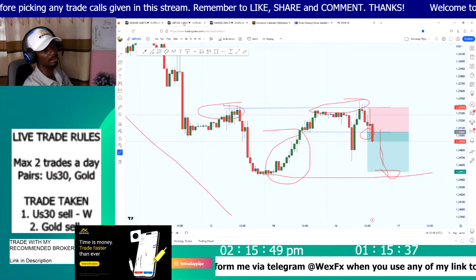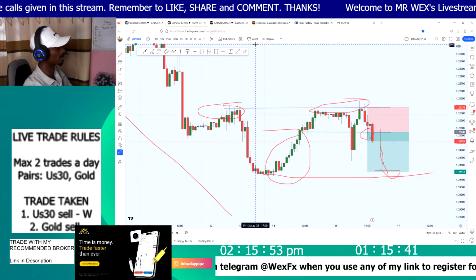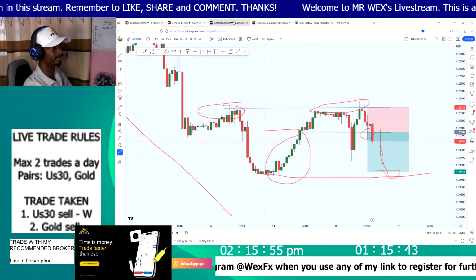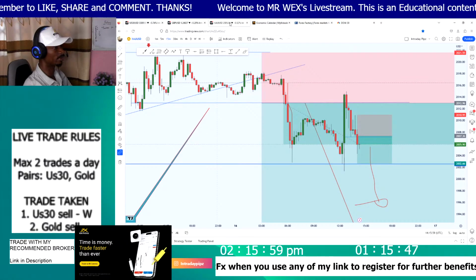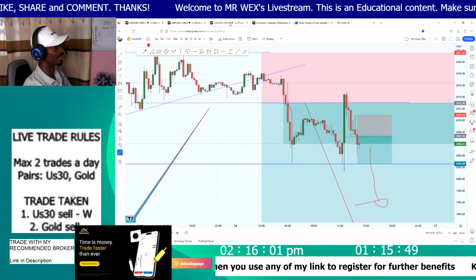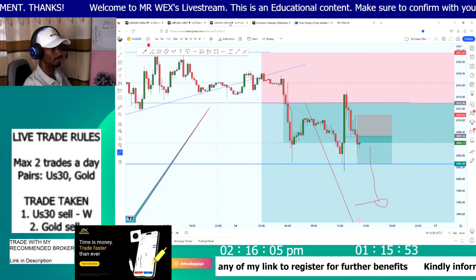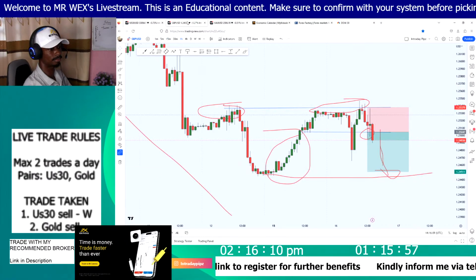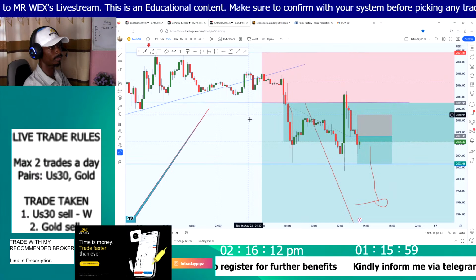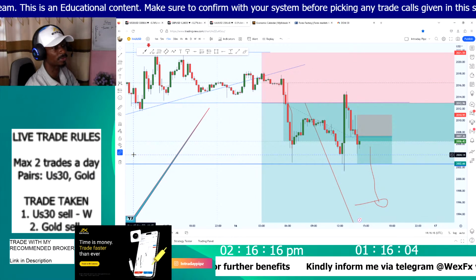GU is still giving the sell vibe, but of course, as we already know, our hands are tied when it comes to pound USD. All right, so let's stay with this bad boy and see how it unfolds.